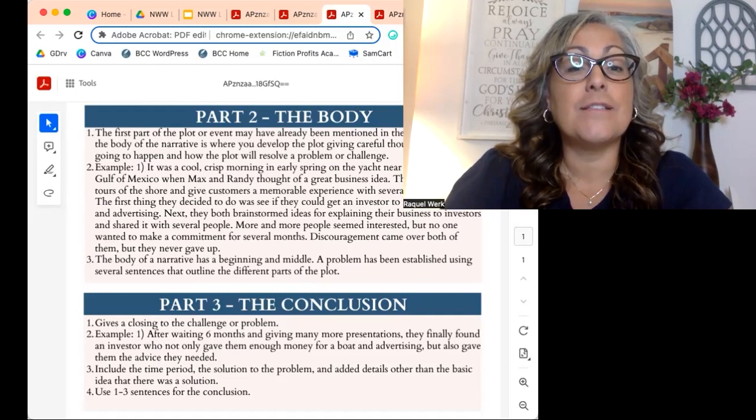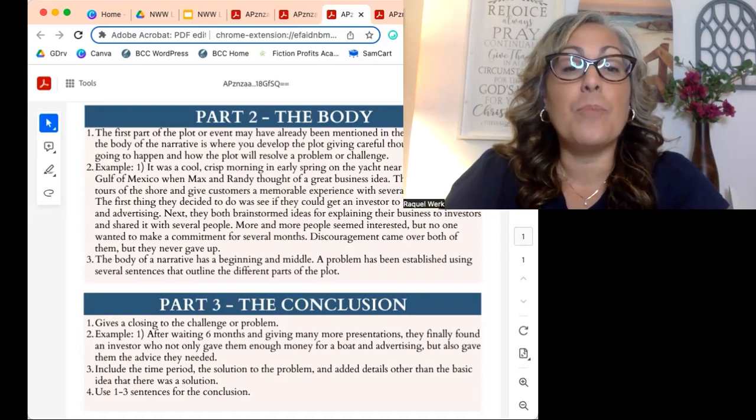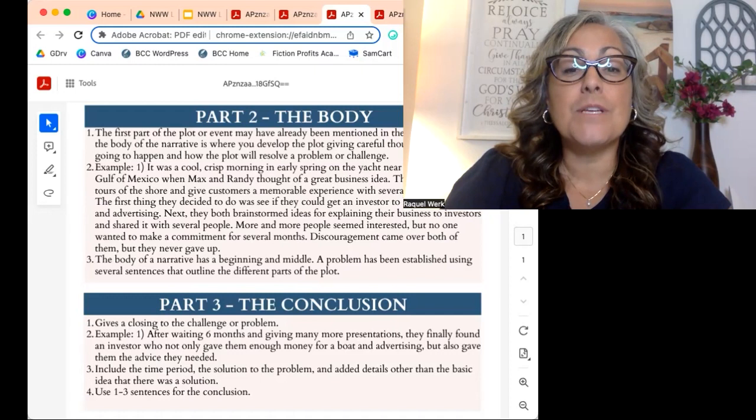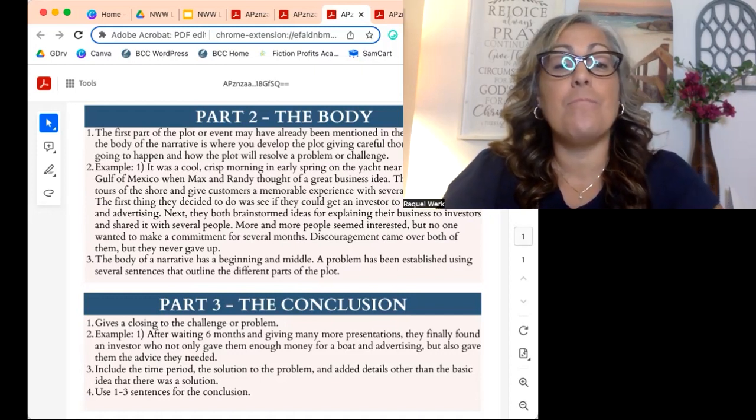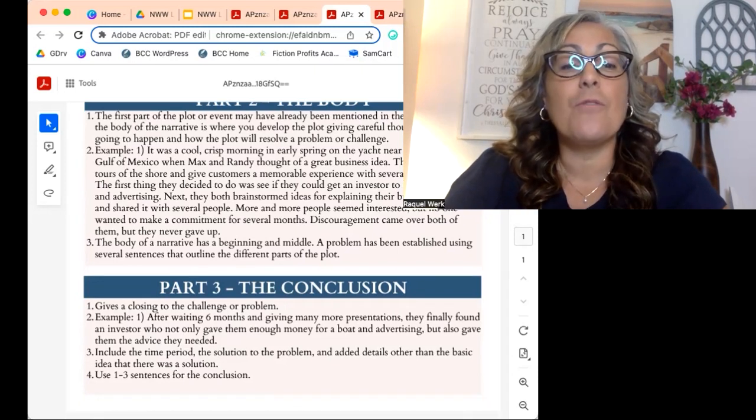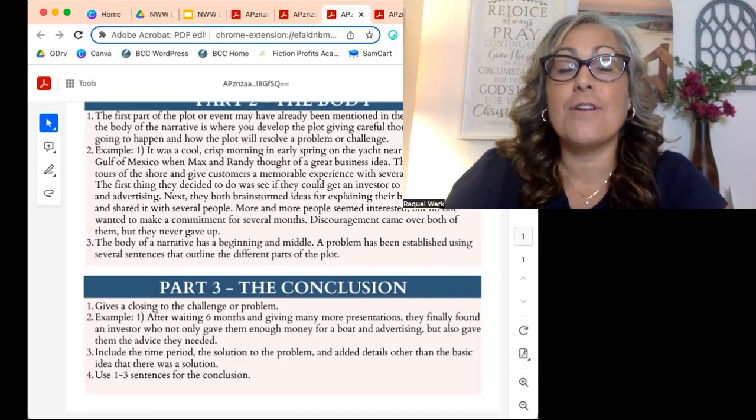The first thing they decided to do was see if they could get an investor to help pay for a boat and advertising. Next, they both brainstormed ideas for explaining their business to investors and shared it with several people. More and more people seemed interested, but no one wanted to make a commitment for several months. Discouragement came over both of them, but they never gave up.